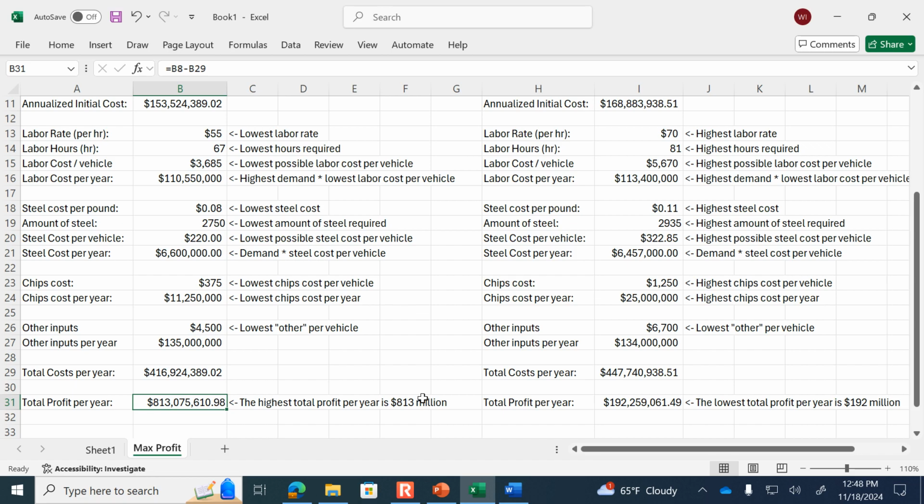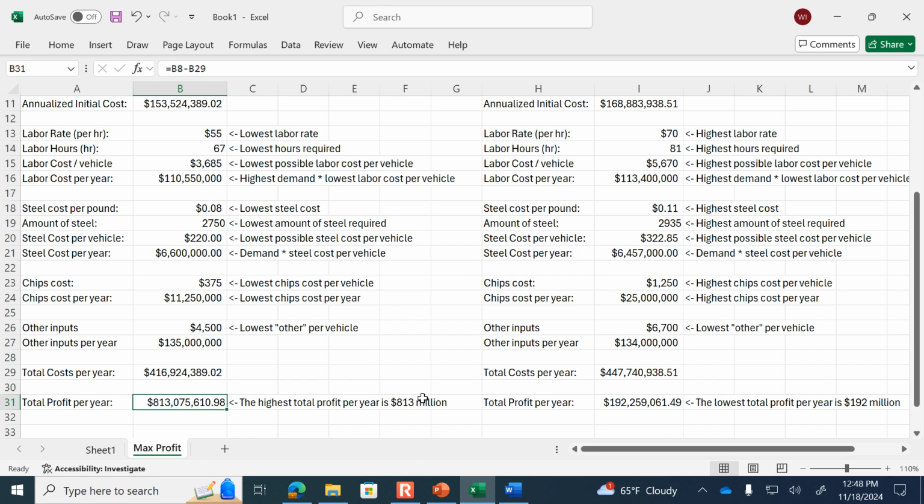So what we did is we considered the lowest possible costs combined with the highest possible prices and demand. And then at the other end of the spectrum, we considered the highest costs and the lowest demand and the lowest price.